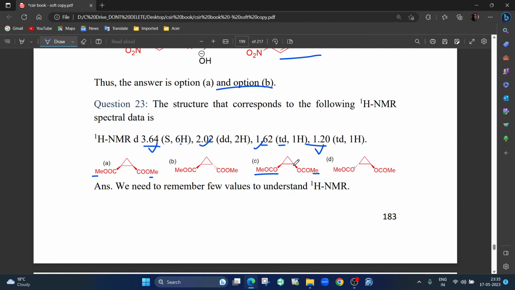Whereas here the cyclopropyl ring is attached to oxygen, so OC double bond OMe. So here Me is attached to the carbonyl carbon, whereas here Me is attached to oxygen. But effectively both the Me's at the terminal end are identical, and because they are identical and beside them there is no hydrogen containing carbon, they all will show as one peak, a singlet.